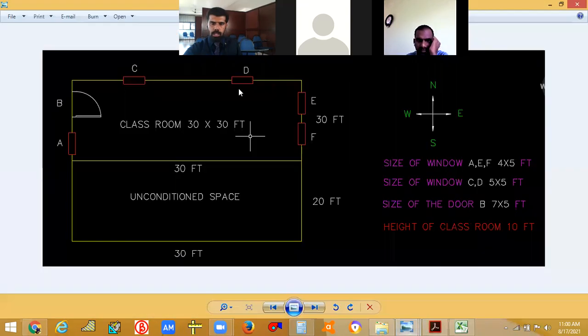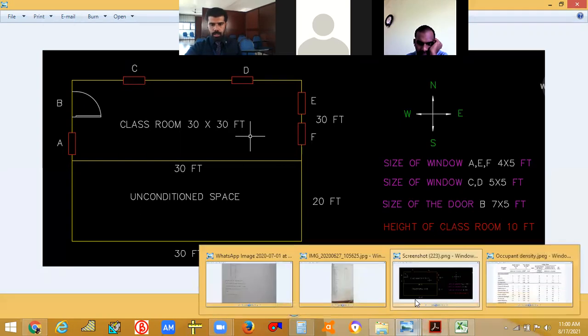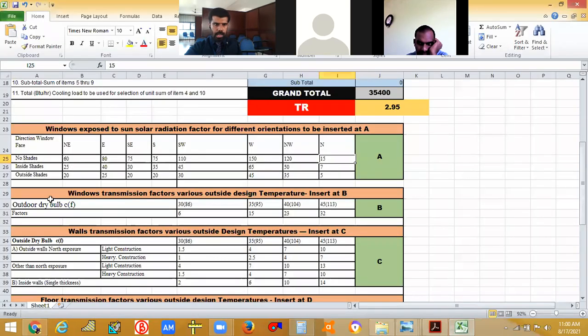My C or D window, which has the largest value, is facing towards the north side, and I have assumed that it has no shade. So what I have done, I have taken no shade, north exposure. What is my value? 15.